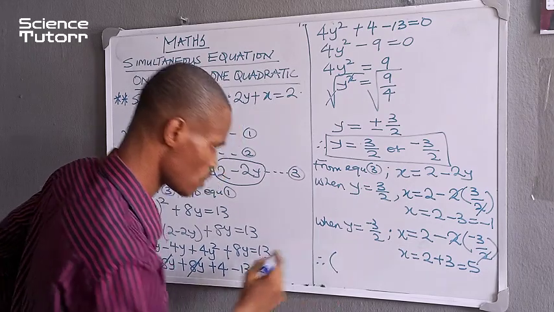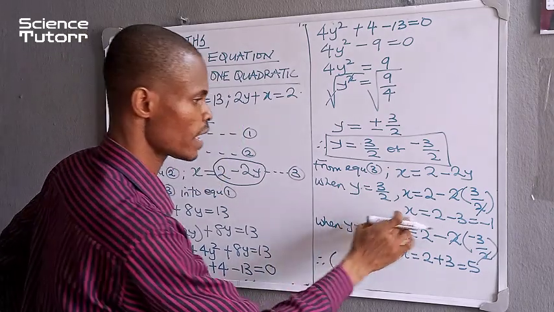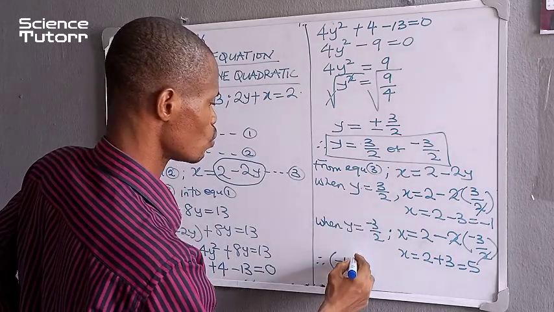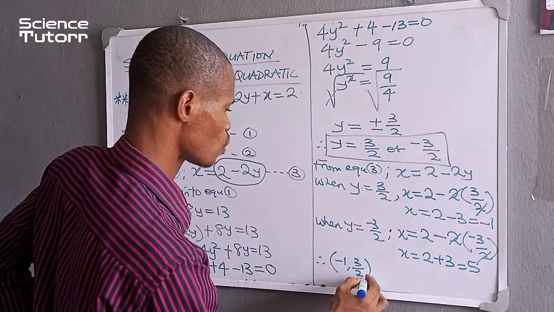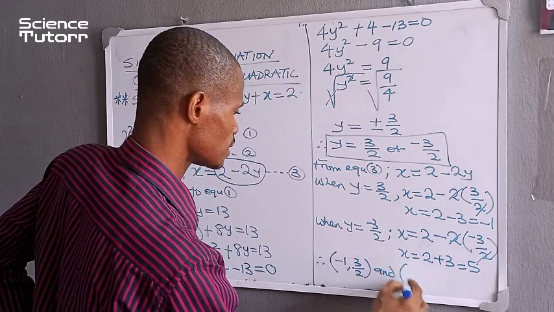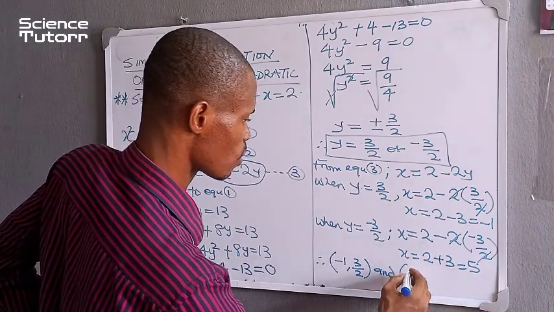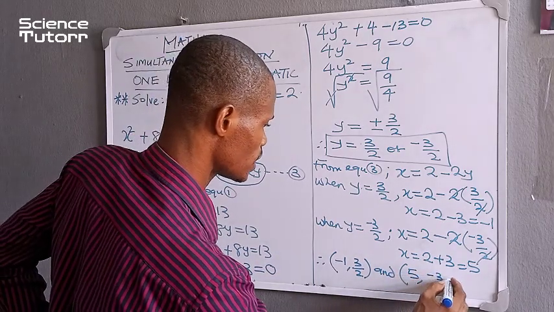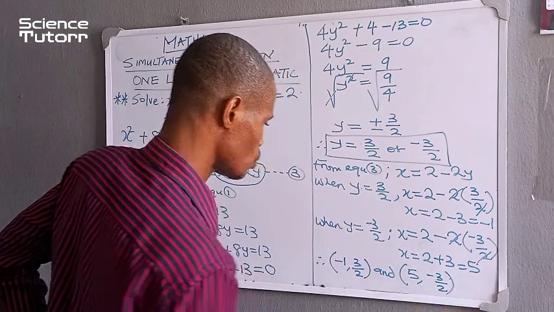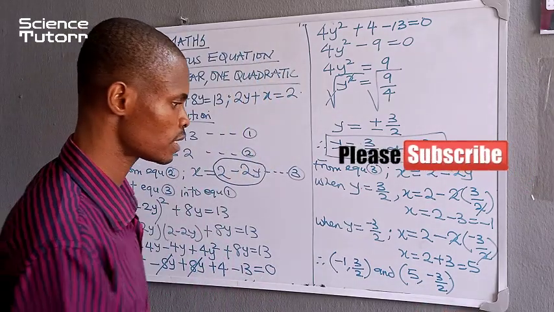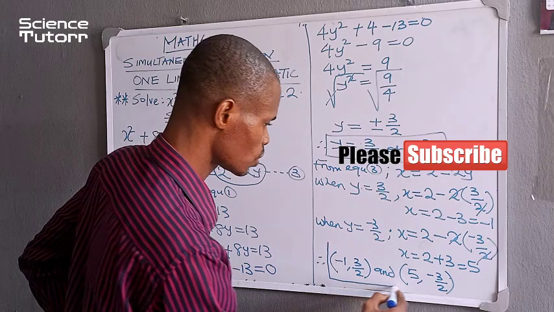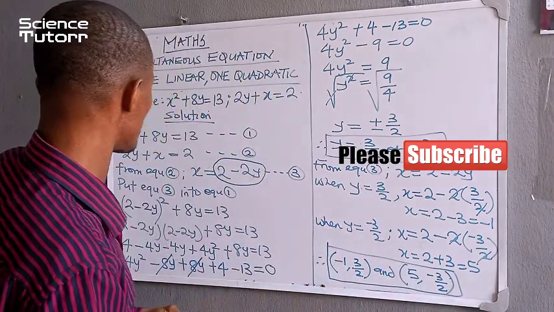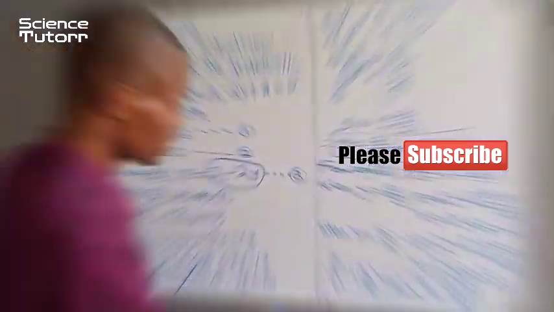Therefore, at the end of the day, we have our roots: when x equals minus 1, the value of y is 3 over 2, that is one pair, and second pair, when x is equal to 5, the value of y is minus 3 over 2. So you can see we have succeeded in obtaining the 4 values. These are the solutions to the one linear, one quadratic equation.